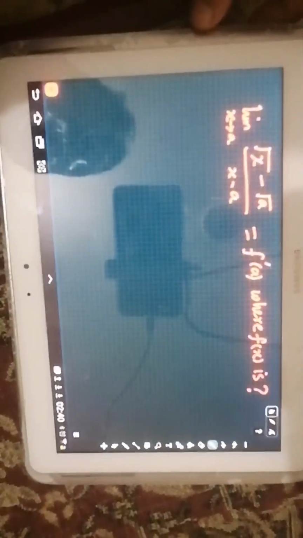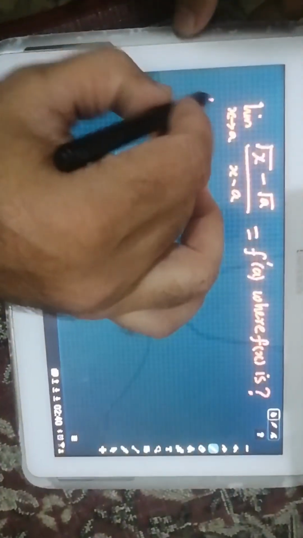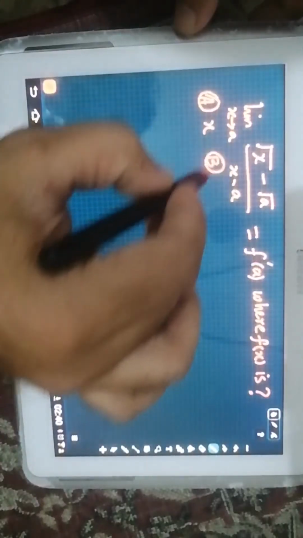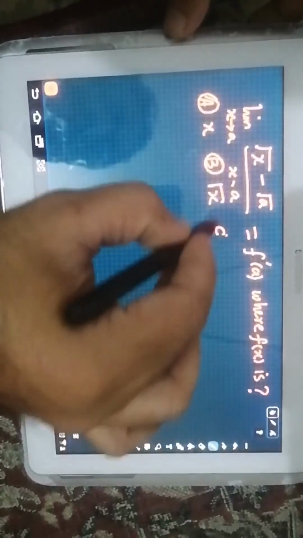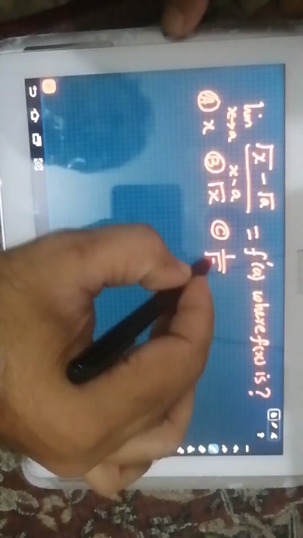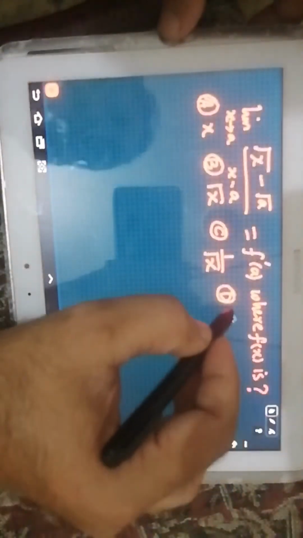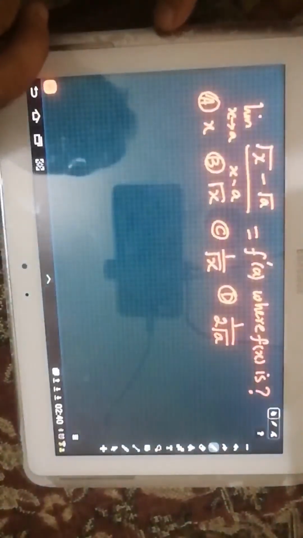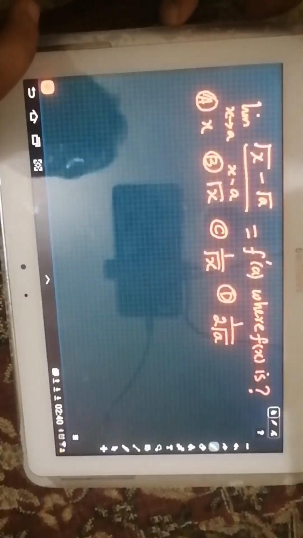So here we have to find what f of x is. Option A is x, B is square root x, C is 1 by square root x, D is 1 by 2 square root a. So let us do this. Let's see how this can be done.